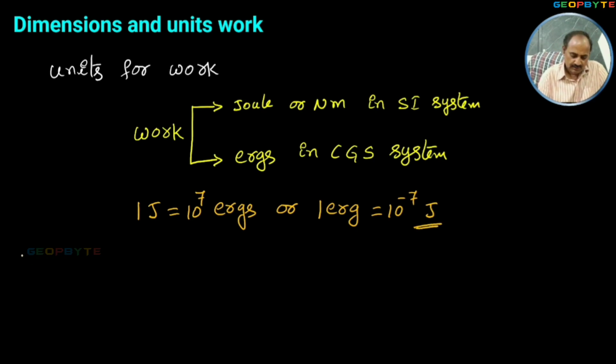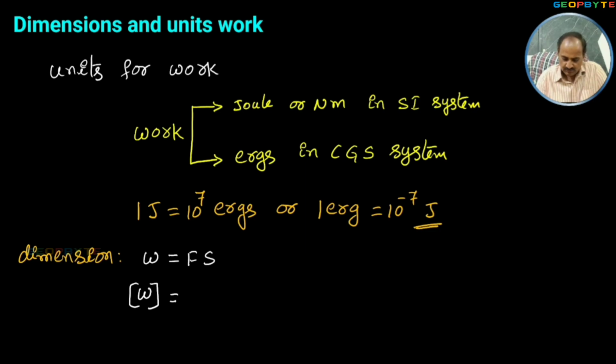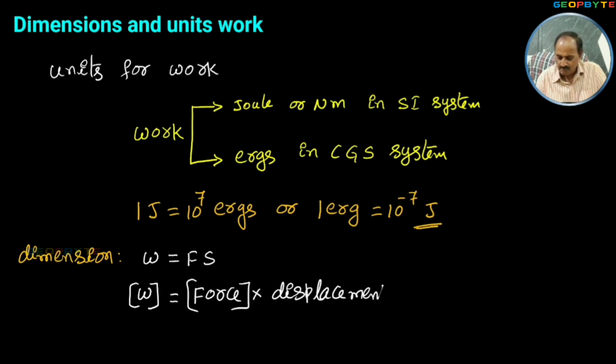Now look at the dimensional formula. As you know, work equals force multiplied by displacement. Work dimensional formula equals force dimensional formula multiplied by displacement dimensional formula.